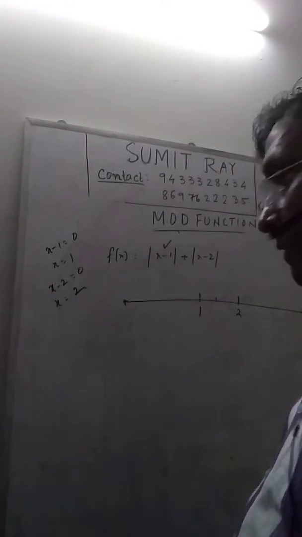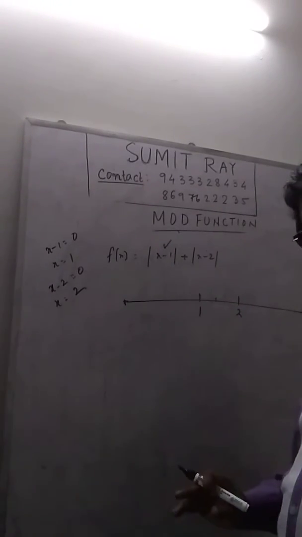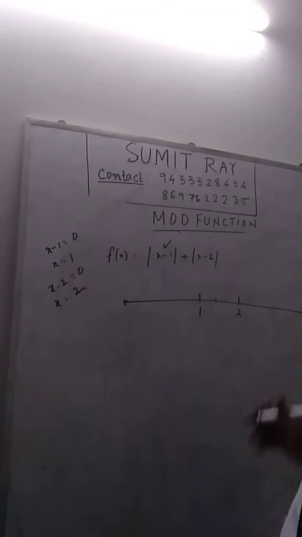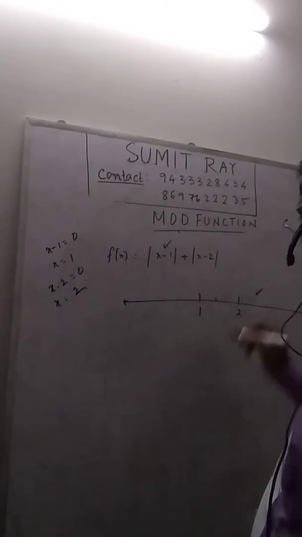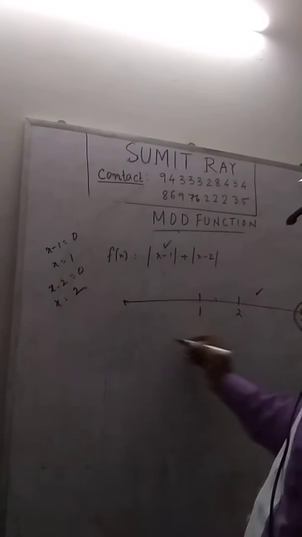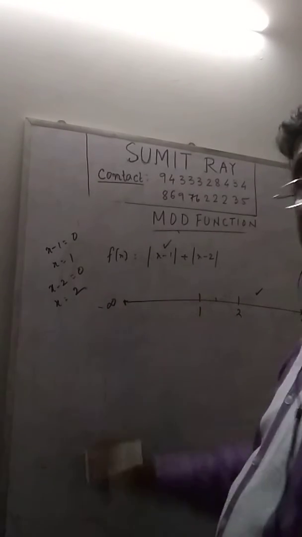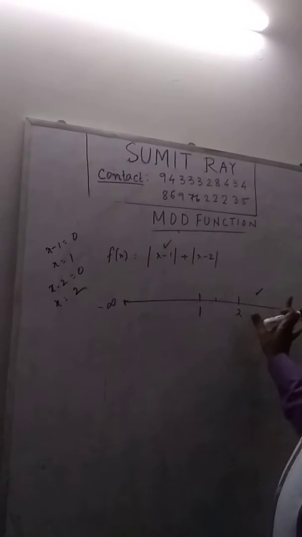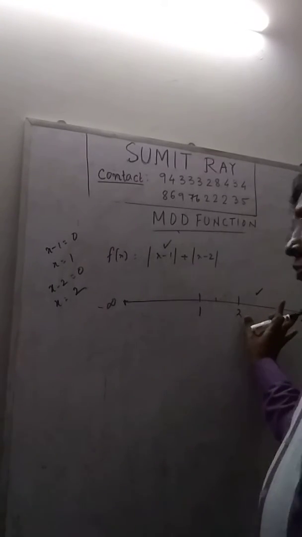Once you get it, for such a little bit complex mod function, what you can do is see, if I write a tick mark, this means from 2 to infinity, this is plus infinity, and this is negative infinity on the number line. This means the values of x are more than 2.